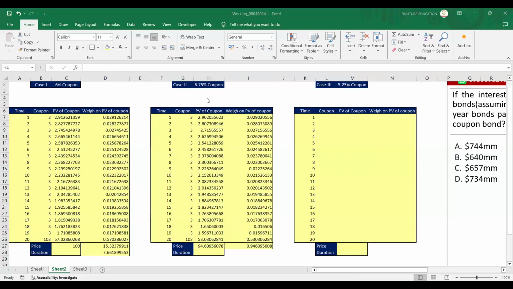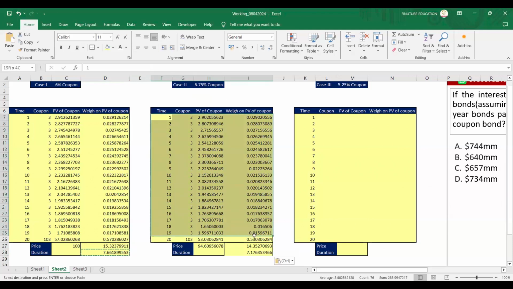It's simple: you have YTM, you have coupon, you have maturity of the bond. So you need to calculate the price of the bond. How will you do it on the calculator? Come on, quick, Aishwarya.